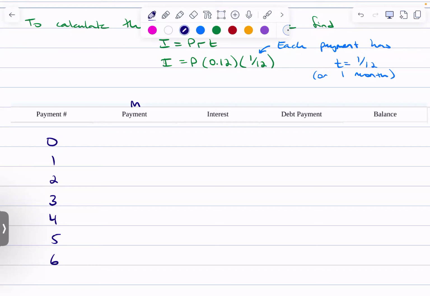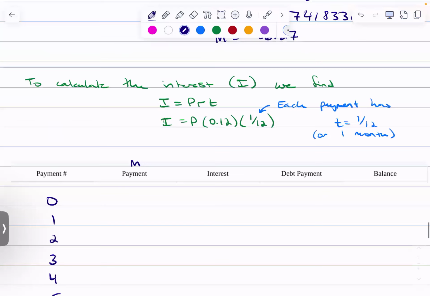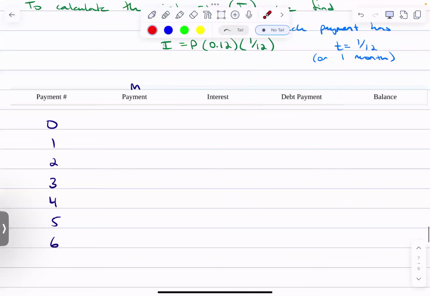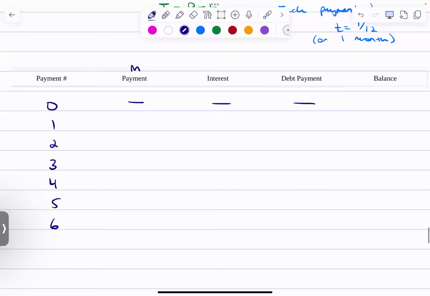Now we already found the payment amount. Now that payment amount is going to be the same, right? And so it's going to be what we found, the 86.27. There's no payment here. The only reason I have this 0 line is to put the original balance of $500.